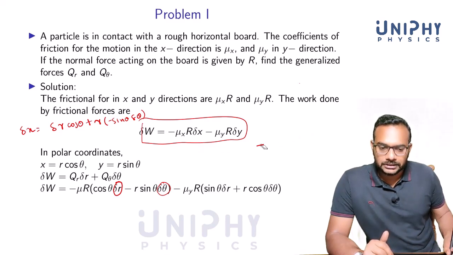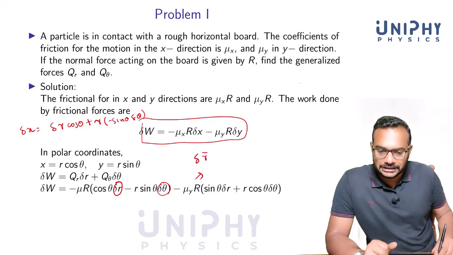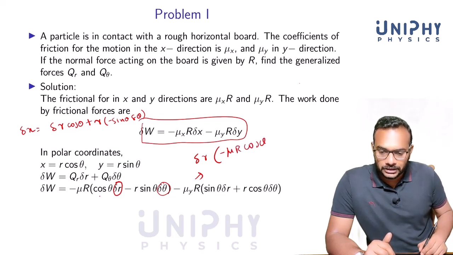I hope you understand this. So this delta r, we can write as delta r times minus mu x r cos theta, minus mu y r sin theta.